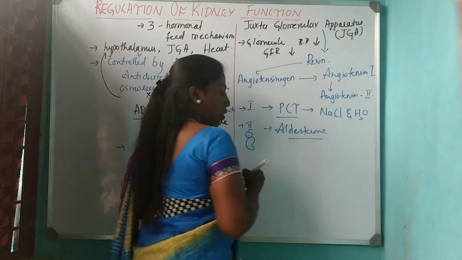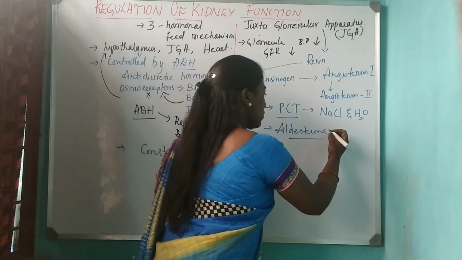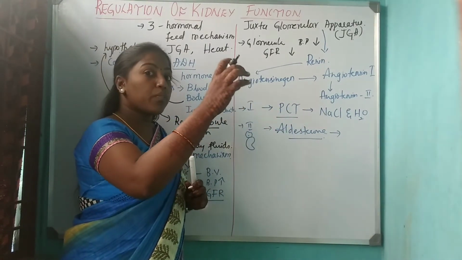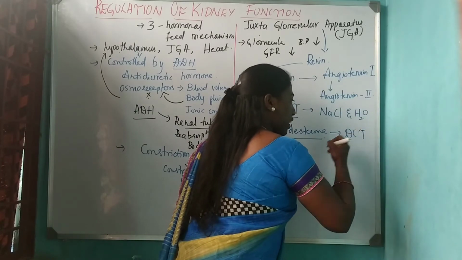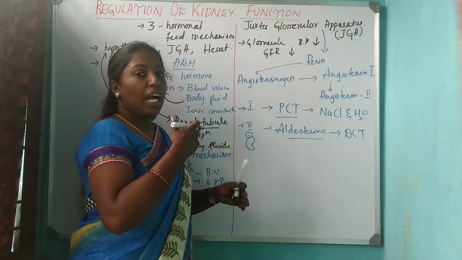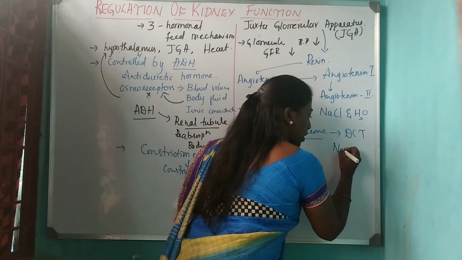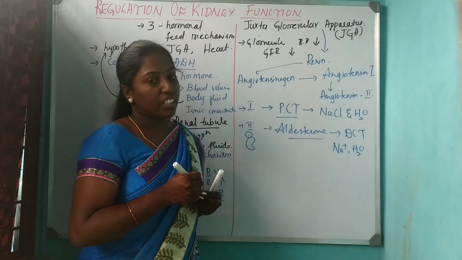This aldosterone will act on the distal convoluted tubule, DCT, and helps in the reabsorption of more sodium and water, so that the blood volume is regained.